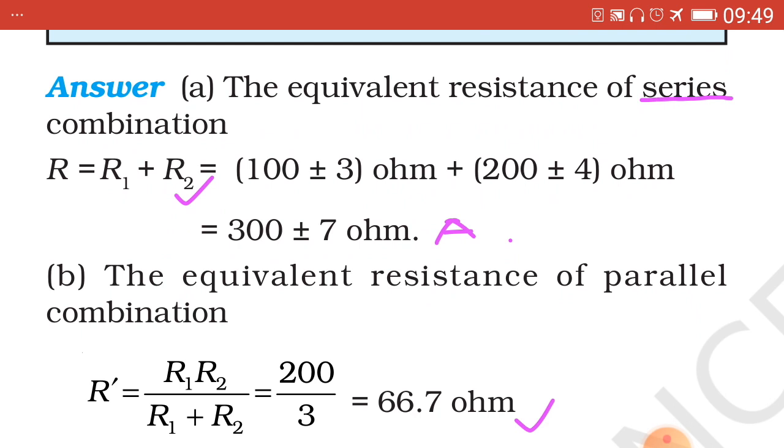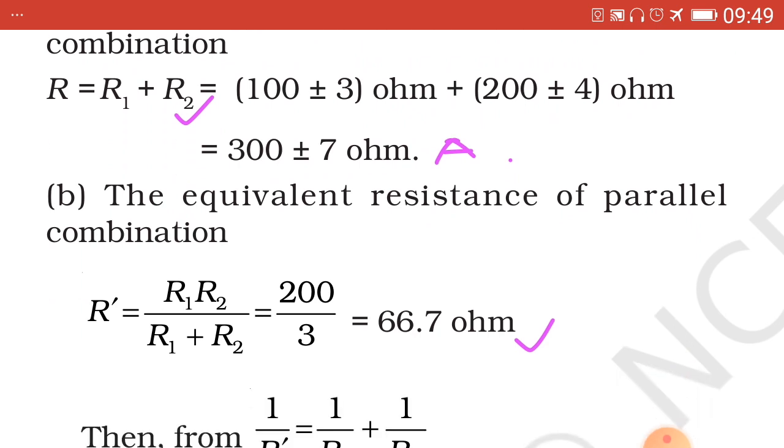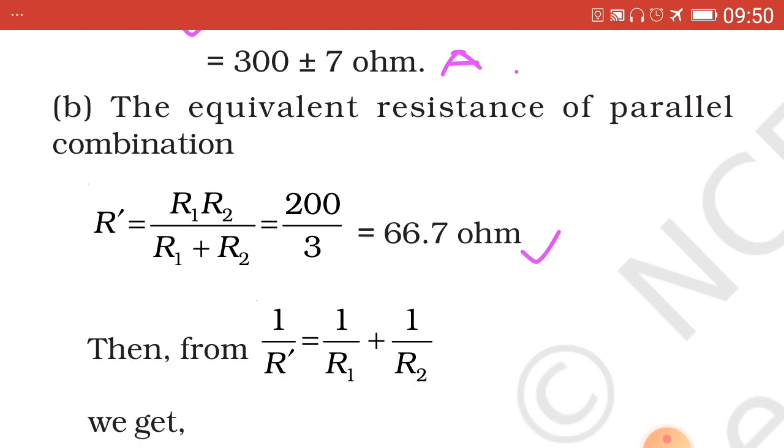B part. The equivalent resistance formula for parallel combination is 1 upon R dash equal to 1 upon R1 plus 1 upon R2, which is the main formula, where R dash is the equivalent resistance.